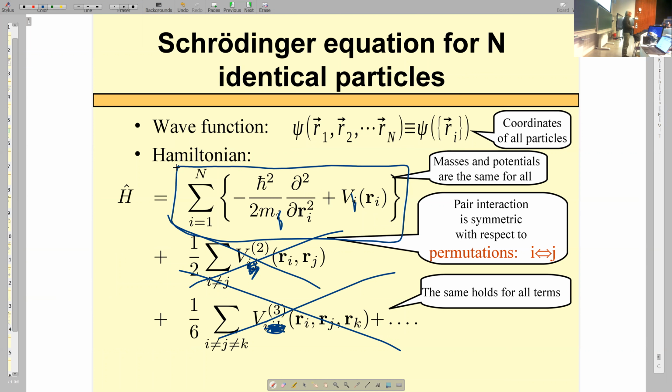Good. Schrödinger equation for n particles, which can be made identical by assigning the same masses, the same interactions, the same potential energies.